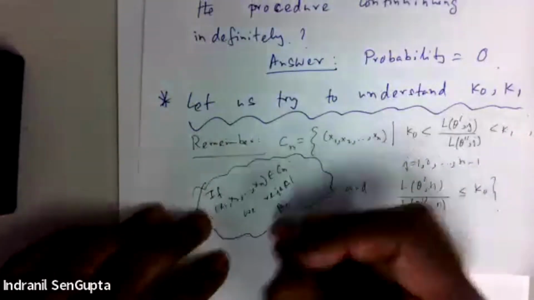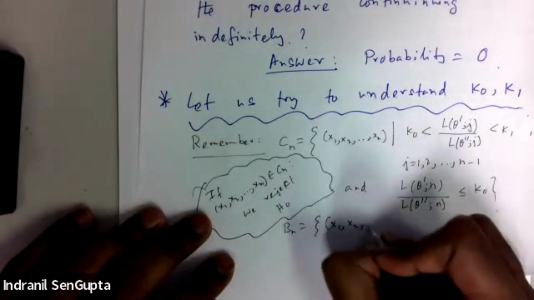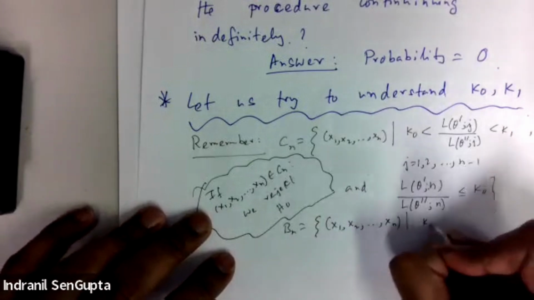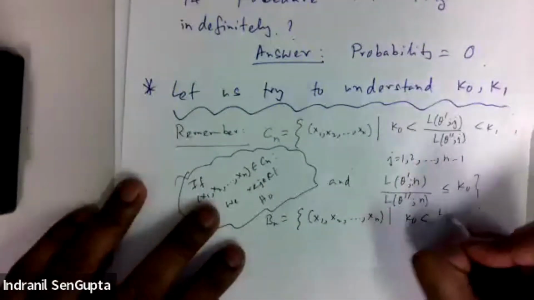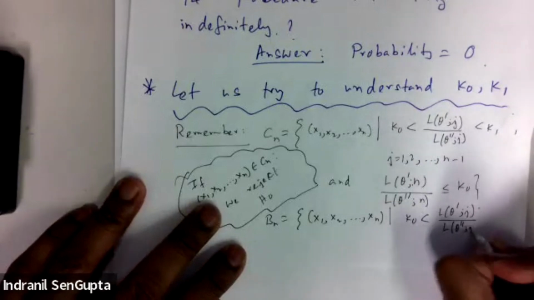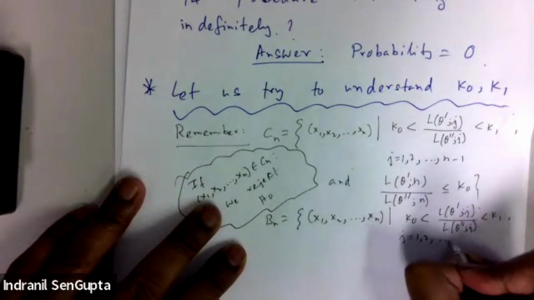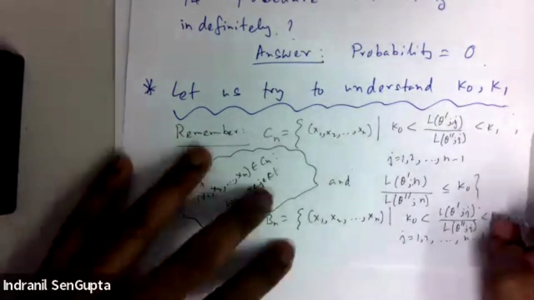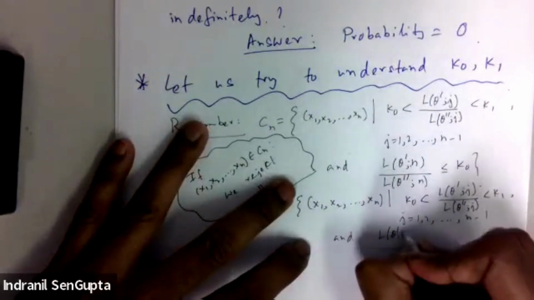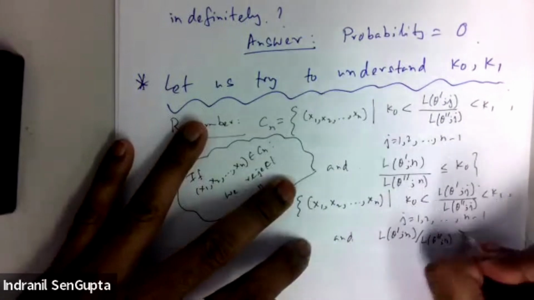And then the other one was Bn, which is the x1, x2, xn when we accept H0. So its first part is the same as before, L of theta prime j over L of theta double prime j less than k1 for j equals 1, 2, up to n minus 1. The only difference is now L of theta prime n over L of theta double prime n is bigger than k1.